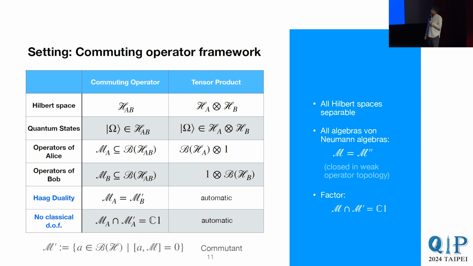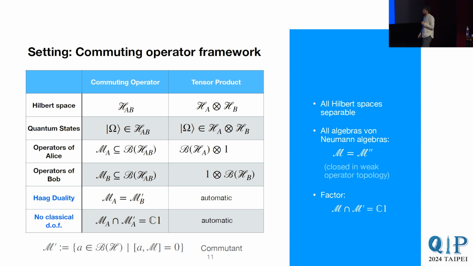Now, in the commuting operator framework, we still have one global Hilbert space, but now it doesn't factorize into a tensor product. Nevertheless, the quantum states are just vectors in Hilbert space or density matrices on Hilbert space. But the operators of Alice and Bob are now just some sets of operators, subsets of the bounded operators, which are commuting.